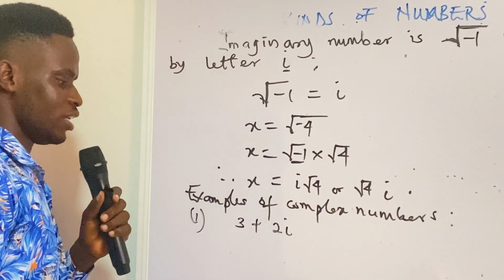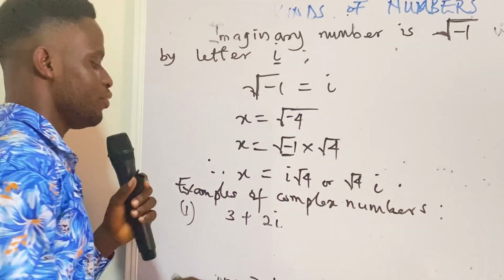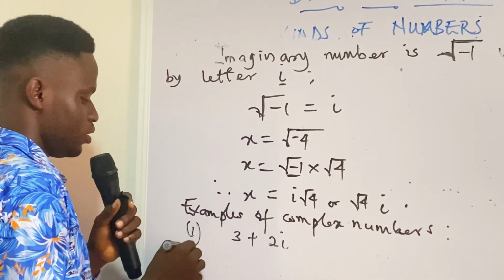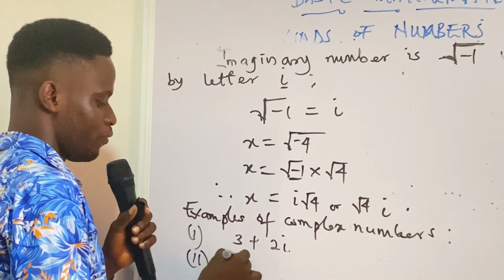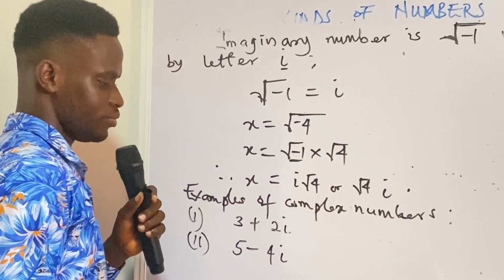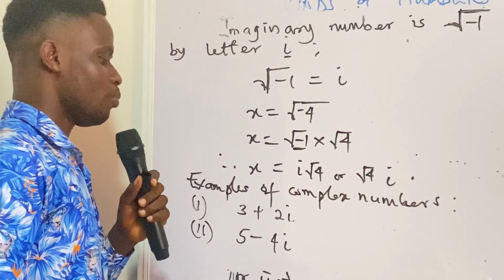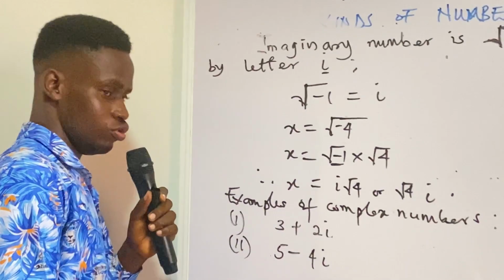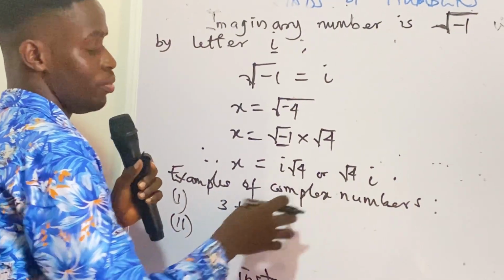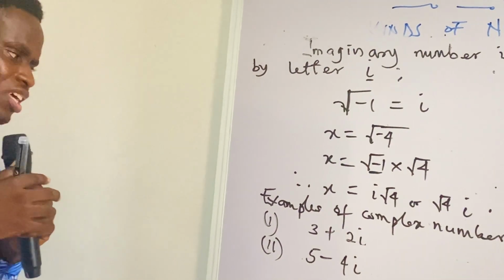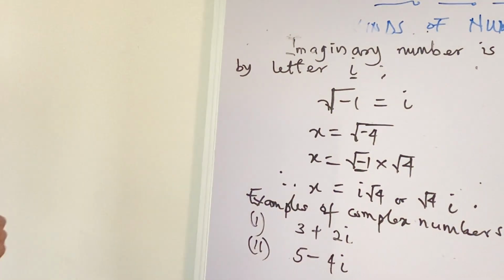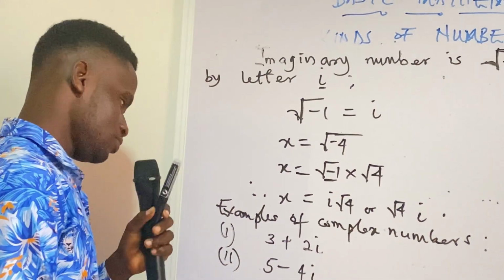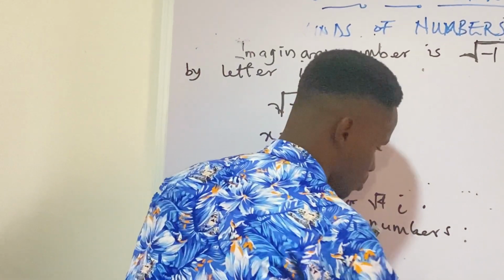You can see that now. It must comprise both the real number part and the imaginary number part. You can see it in any form, 5 minus 4i. So whenever you see a number that is having imaginary parts as well as real parts, you should know that number is a complex number. So that's how to identify a complex number. It always comprises both the real number part and the imaginary number part.